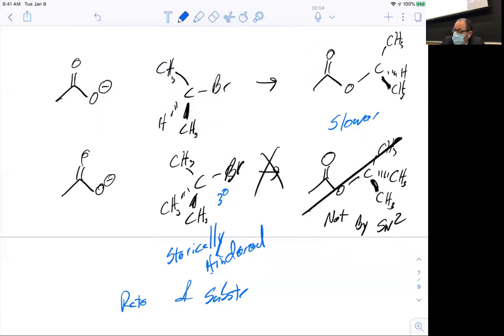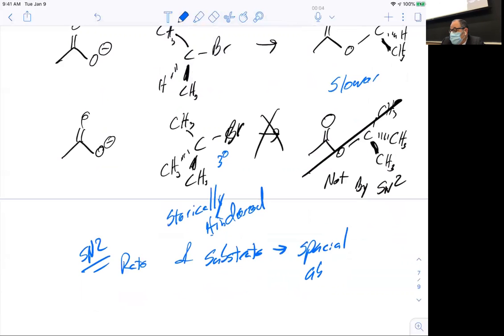The rate of the substrate for substitution in an SN2 is going to be based on the spatial ability of that nucleophile getting into the backside of the reaction.